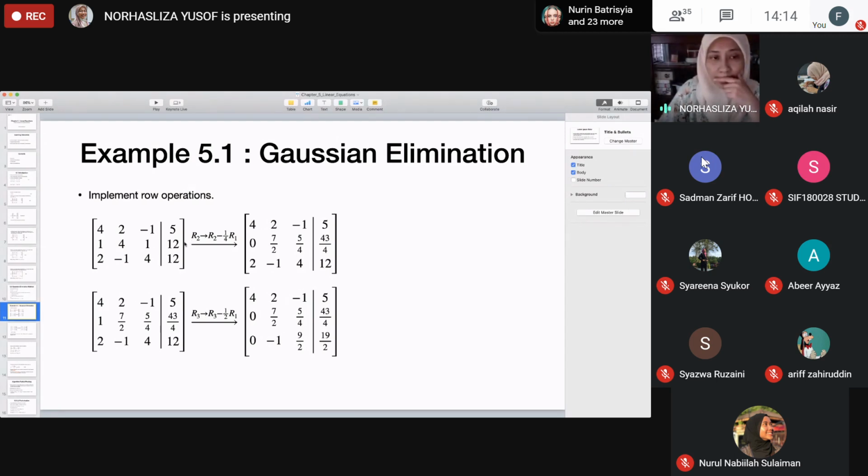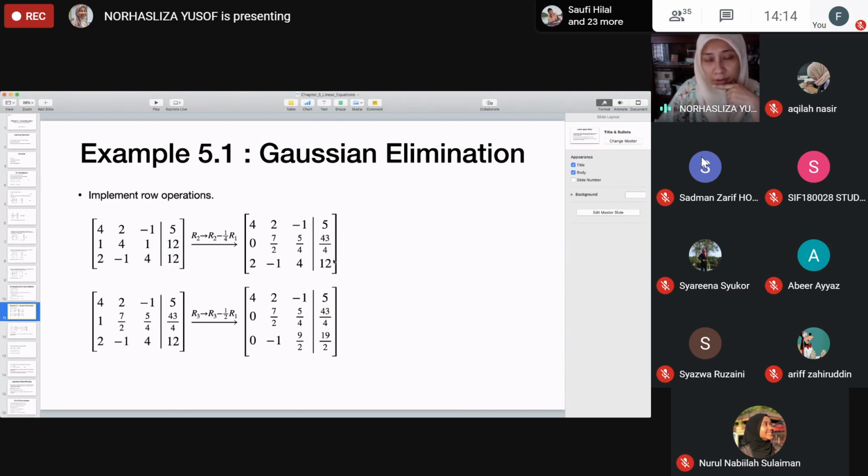So we have to operate row by row. Because this is the first value, 1 is the one we are going to make 0. You choose the row operation so that this value becomes 0, and you also have to apply it to the matrix B. That's why you can see all the values change.